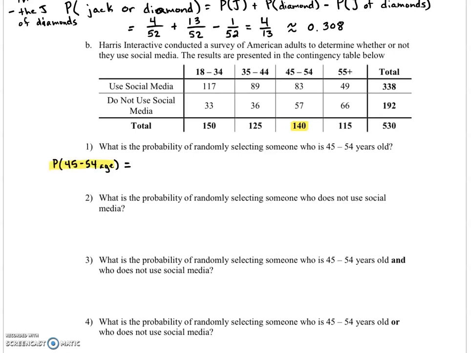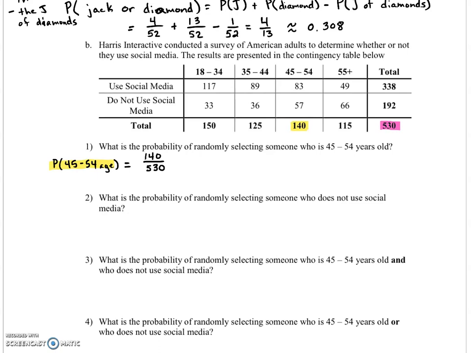So the way we find the probability is we take the total number of people in that age group and we divide it by the total number of people, which is always found down here in this corner. That's the total number of people in the survey, always.